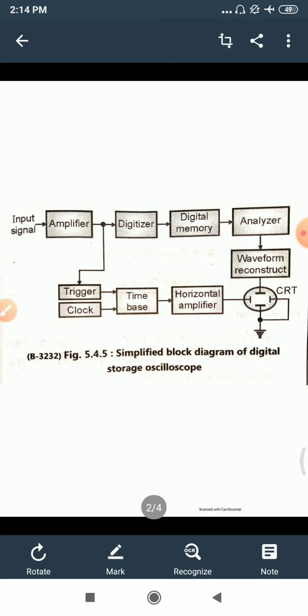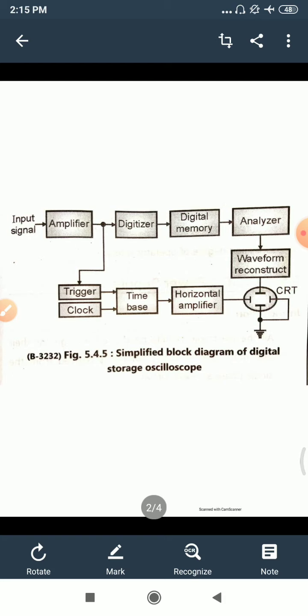The same horizontal amplifier block is present here, which amplifies the output of the time base circuit, and that will be given to the horizontal deflection plates of the CRT for further display. So in this way the stored digital waveform will be displayed again on the screen of a DSO. Okay, so this is all about the working of a DSO.